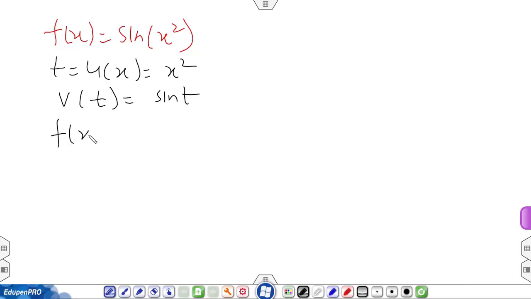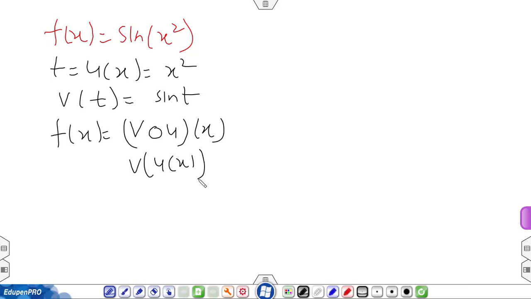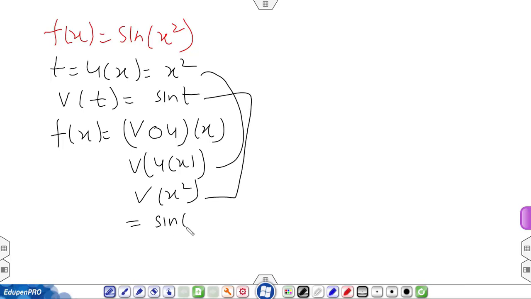Now f of x, see carefully, becomes v o u of x, that is v of u of x, and u of x is x square. So v of x square is sine t, that is sine x square.